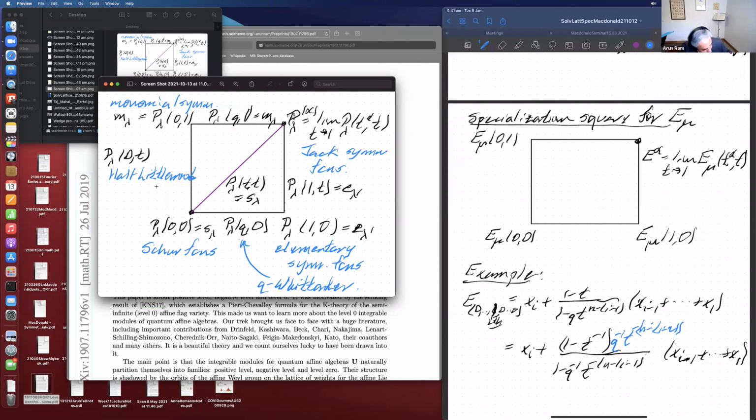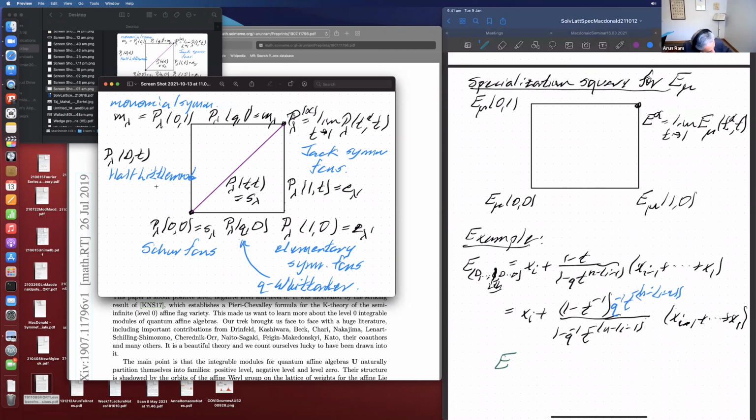So let's write that in green: usually E mu of Q inverse T inverse is not equal to E mu of QT. So you have to be very careful about what you mean when you write E mu of Q inverse T inverse, because with P's, it didn't matter, but here you have to be quite careful.